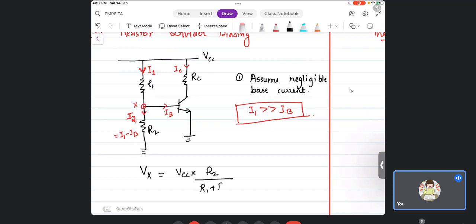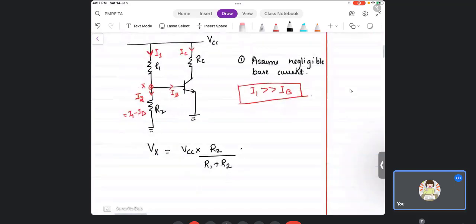Remember, this is not the Thevenin equivalent that we normally study. To solve resistor divider biasing, there are two methods. First, you assume negligible base current and directly come to this equation. Second is the Thevenin approach that we will do later. So Vx is VCC into R2 by R1 plus R2, and I assume that VCC by R1 plus R2, which is nothing but I1, is very, very greater than IB.